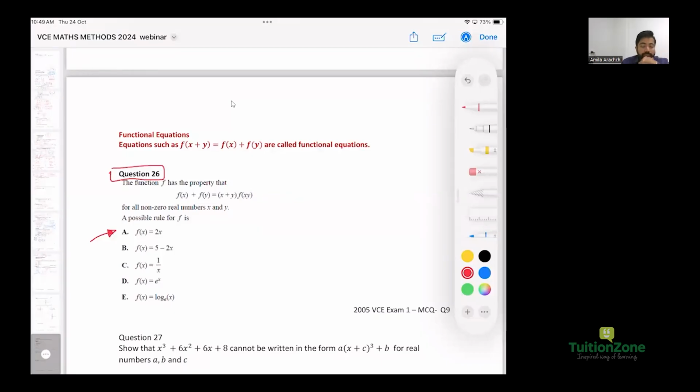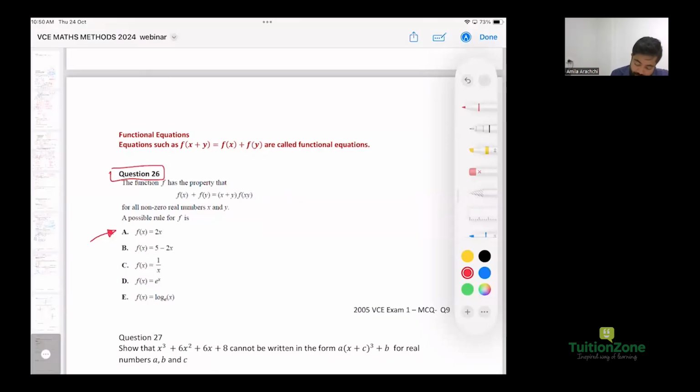So define that first if you want to use the calculator. You can do it manually as well. There's no issue. I can try manually if you want.